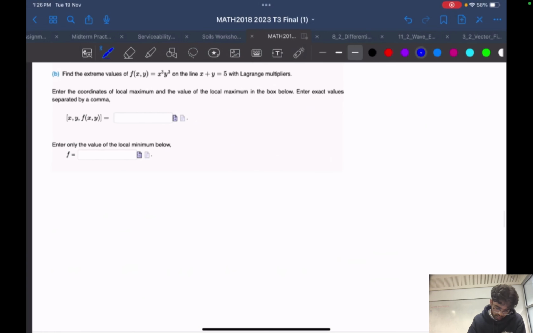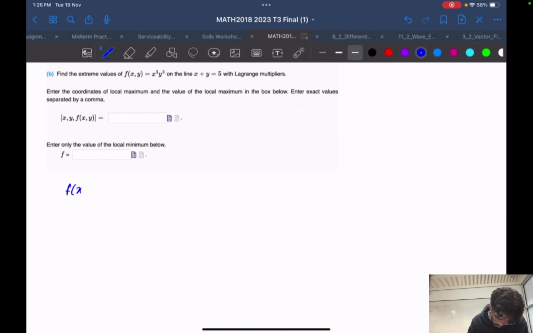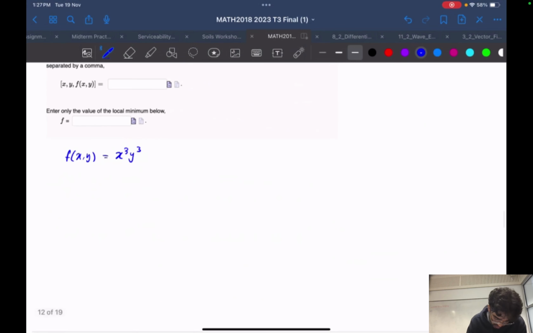Okay, so we have f of x y is equal to x cubed y cubed. Find the extreme values of f on the line x plus y equals 5. So this over here is our constraint. Our constraint g of x y is equal to x plus y minus 5, which is equal to 0.